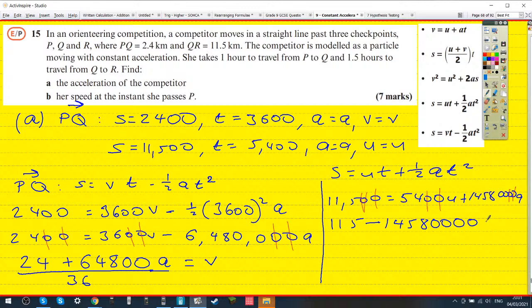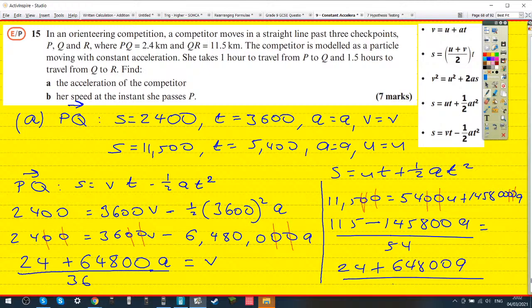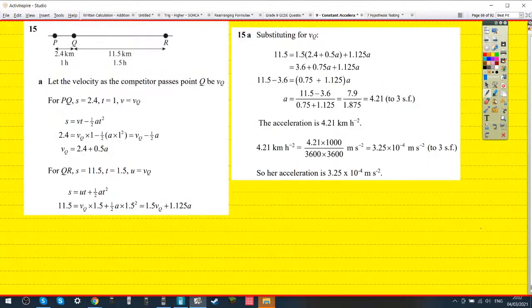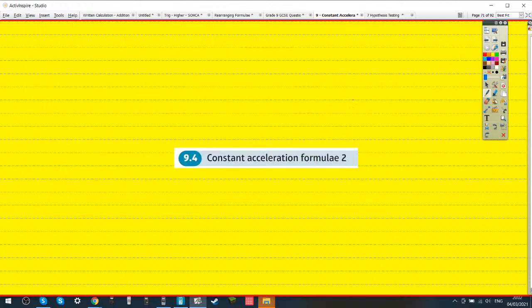That is equal to U, which is the same as V, so they're both equal to each other, and then you can solve from there. You could put it in the calculator, and it would get it because it's linear. It's pretty easy.